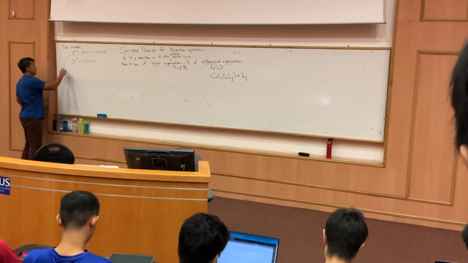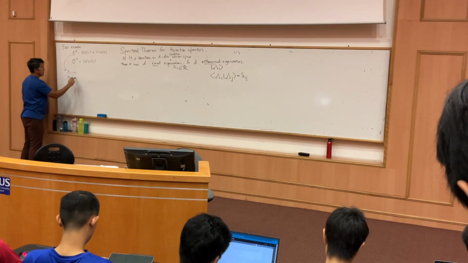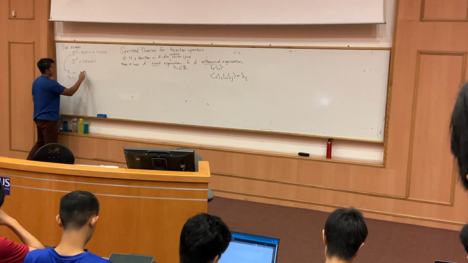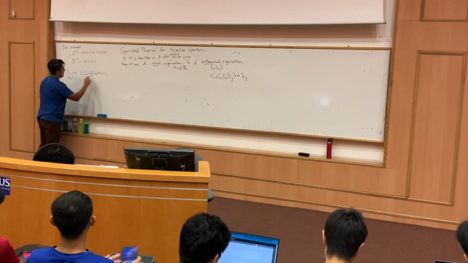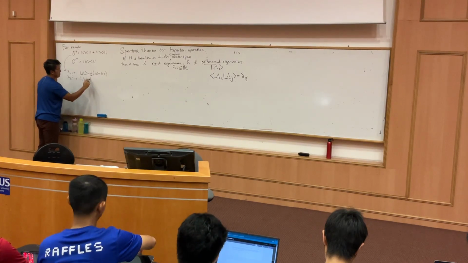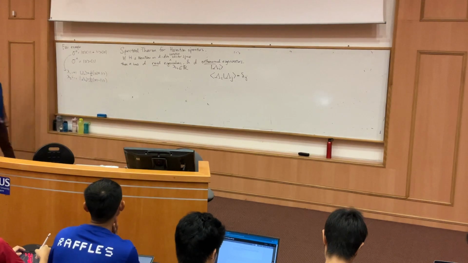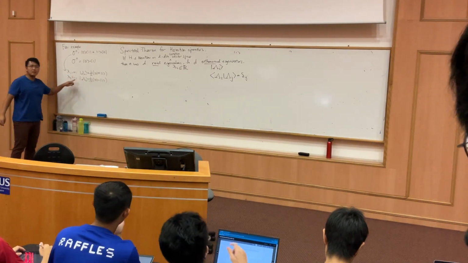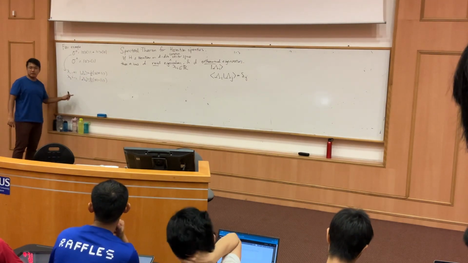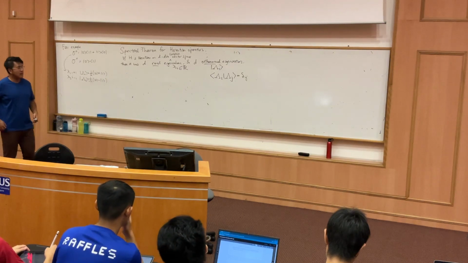The eigenvalues were +1, -1, and the eigenvectors were 1 over square root 2 times (0, +1), and 1 over square root 2 times (0, -1). And we can check that these two are normalized and orthogonal in accordance with the theorem. So the theorem works, right?